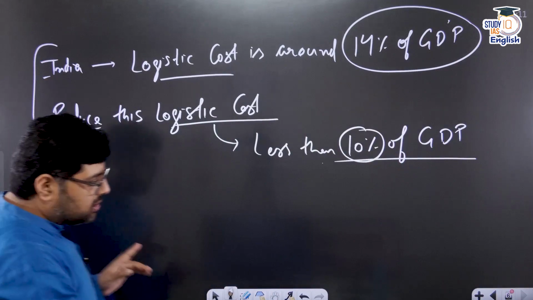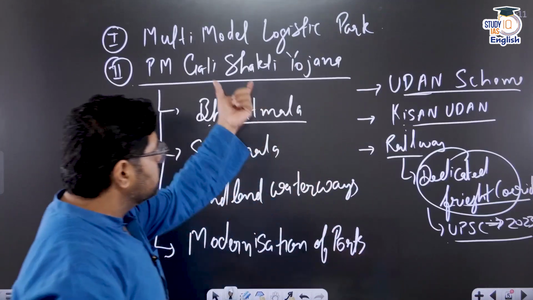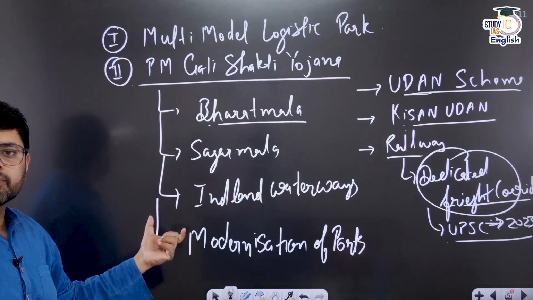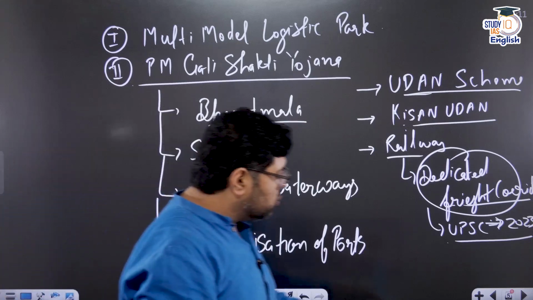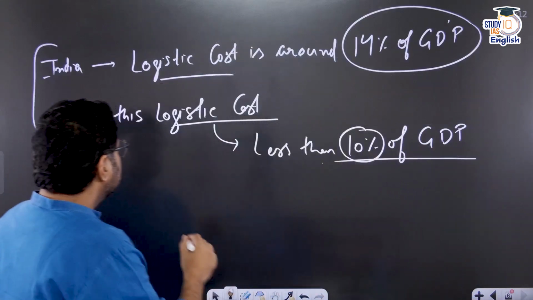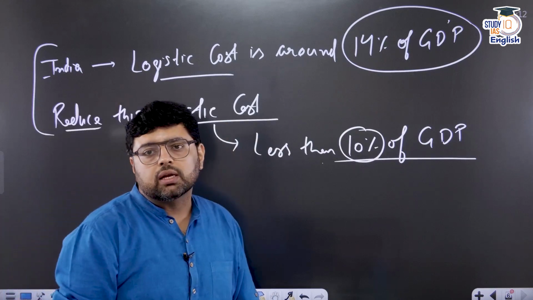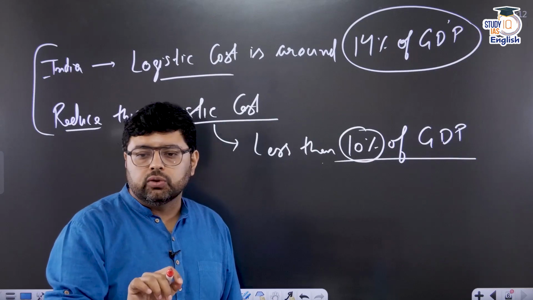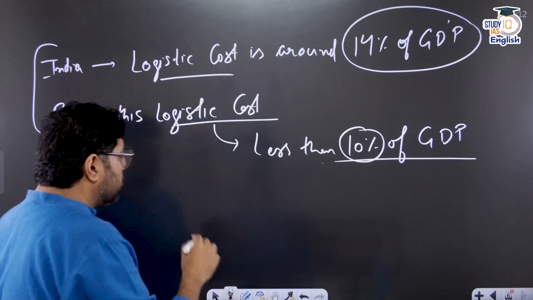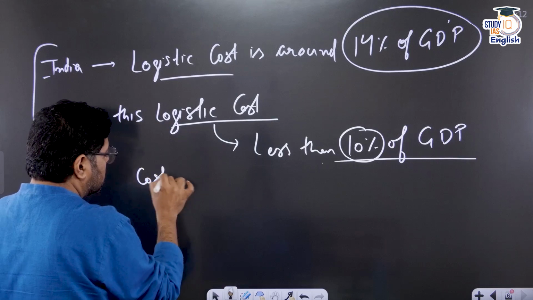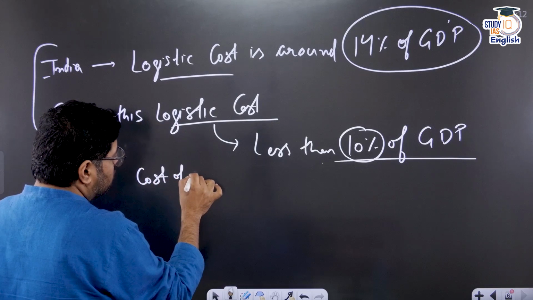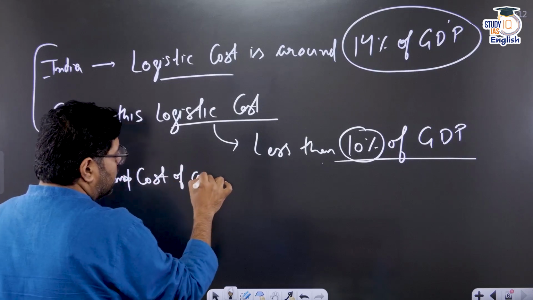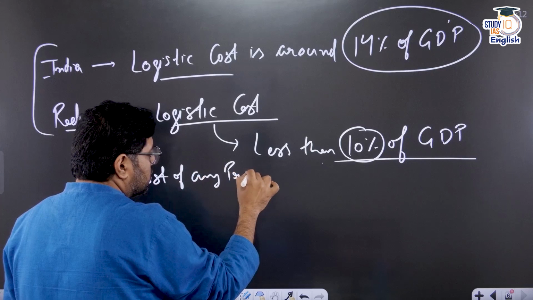So this is the reason why government is focusing on and emphasizing this. Once this infrastructure gets completed, you will see that logistic cost will reduce drastically, and when this reduces, no doubt the transportation cost of any product will also reduce.